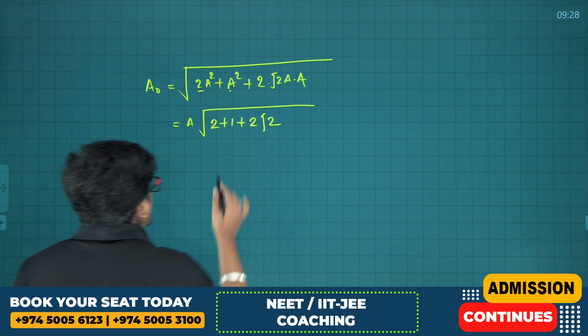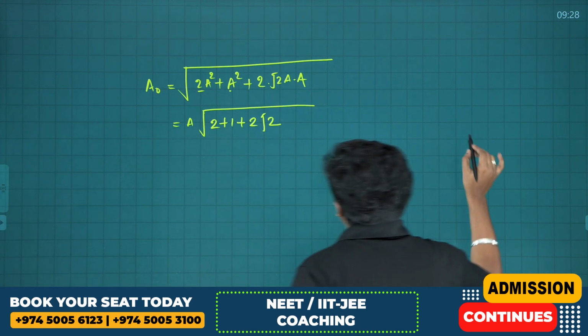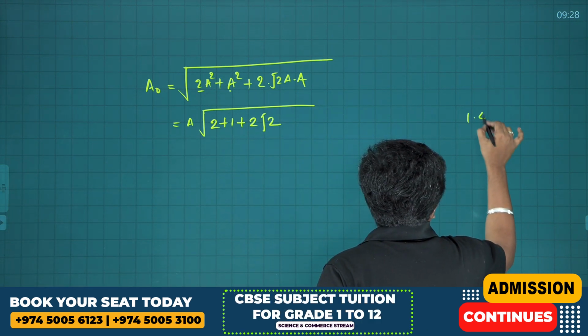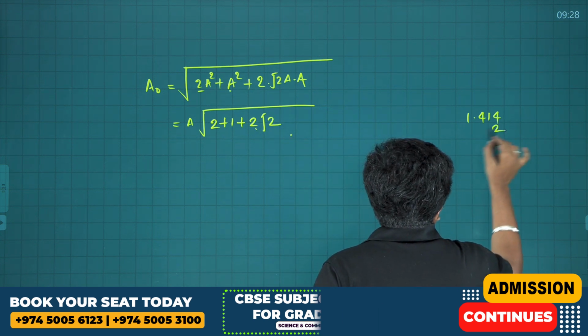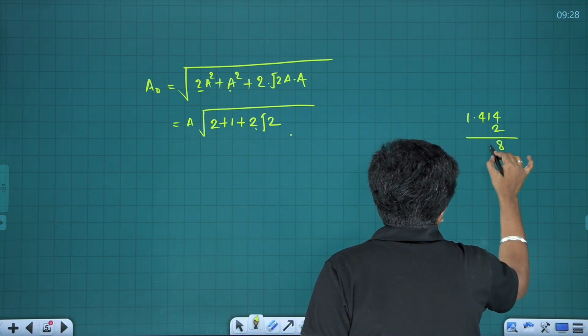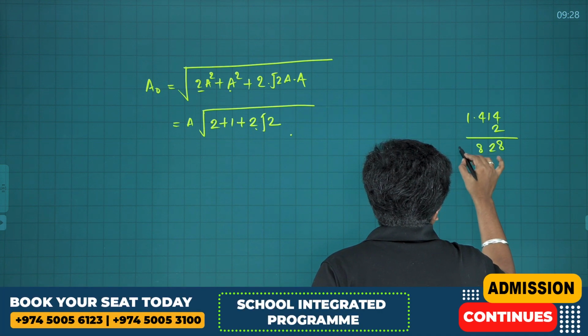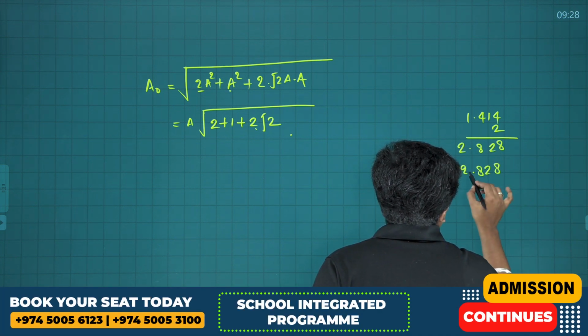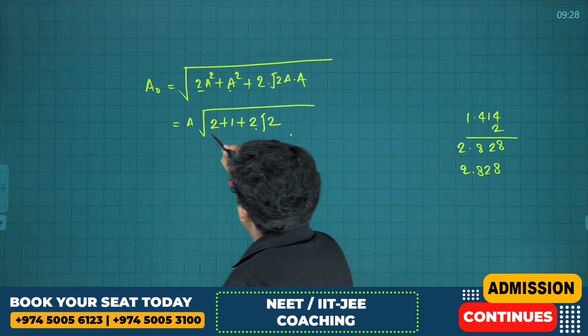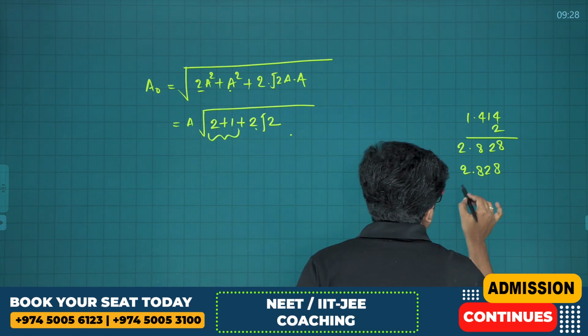We all know that root 2 is 1.414, multiplied by 2 gives 2.828, plus I have got 3 here.